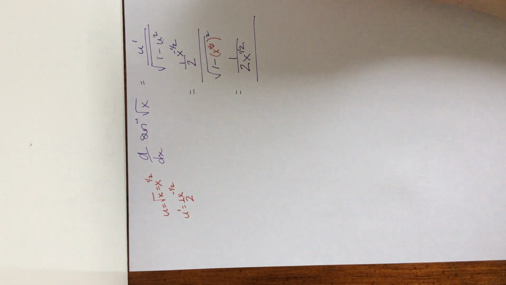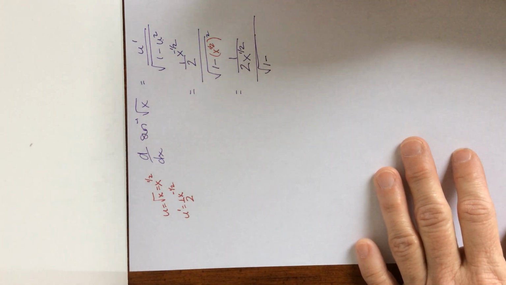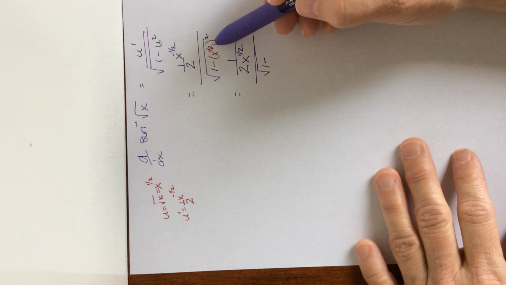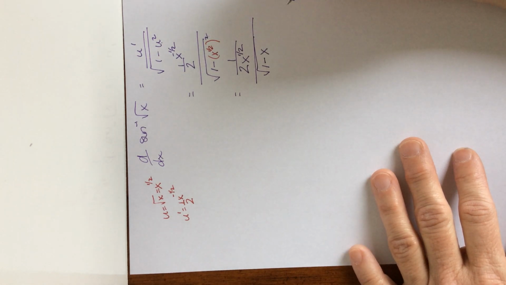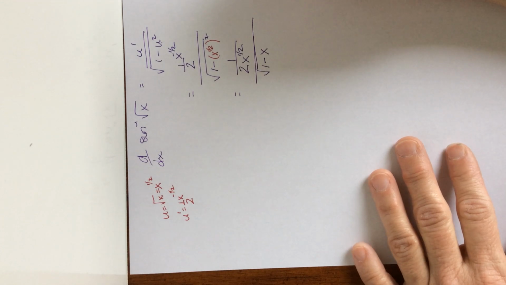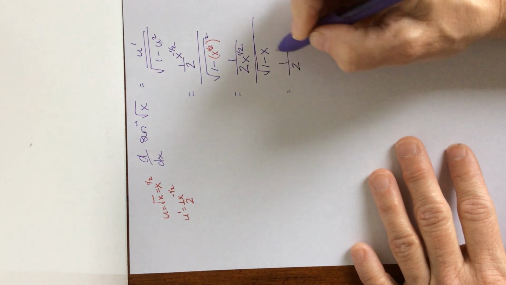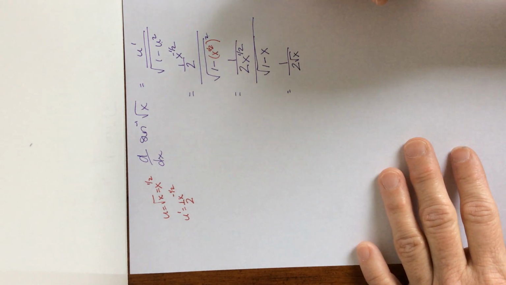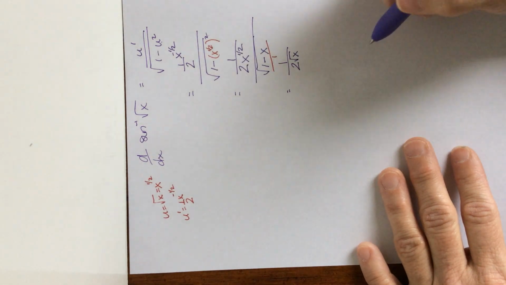And all of that is divided by the square root of 1 minus, now remember, x to the 1/2 raised to the second power, when a power is raised to a power, you multiply. That gives you x. So now what I've got is this. 1 over 2, I'm going to rewrite x to the 1/2 as the square root of x. Now, if you remember, this denominator could be written as over 1.